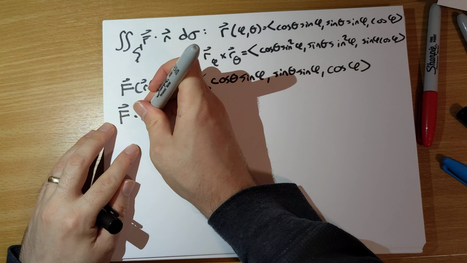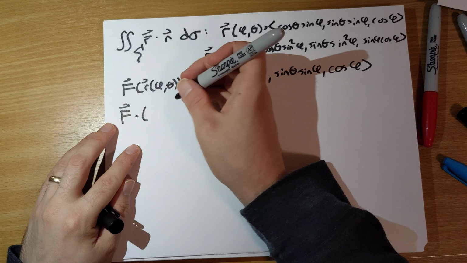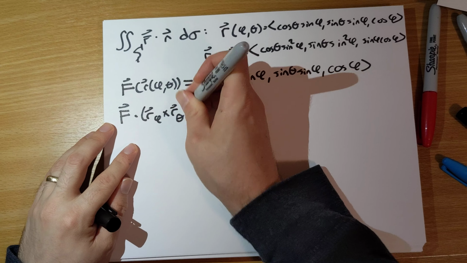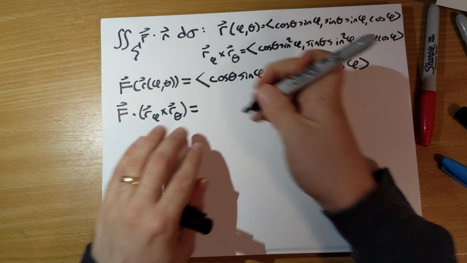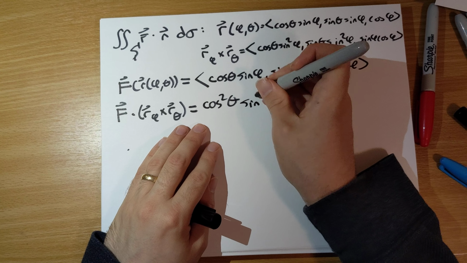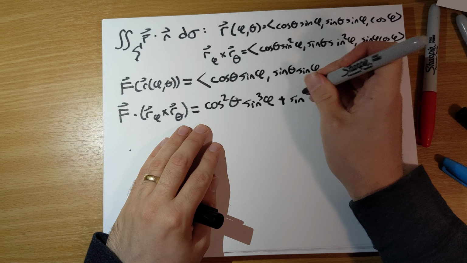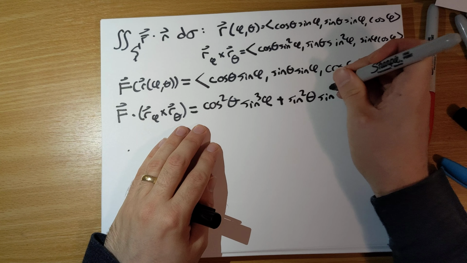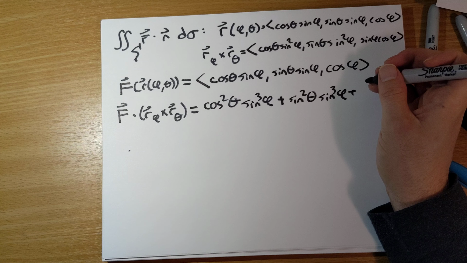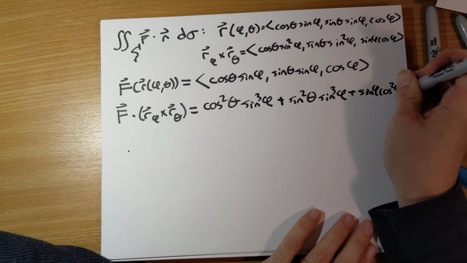We do F dot with the normal vector here, the cross product. And so we have this times this, which gives us cosine squared theta times sine cubed phi, plus this times this, sine squared theta times sine cubed phi, plus this times this, which is going to be sine phi cosine squared phi.